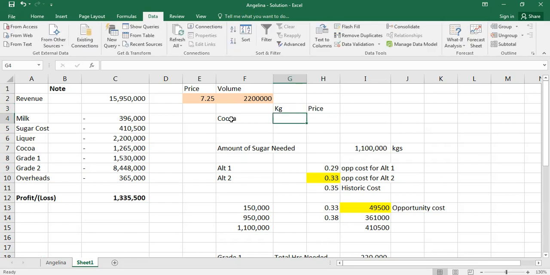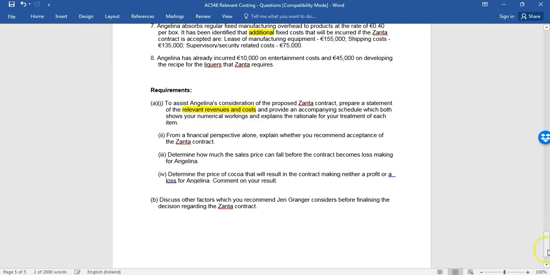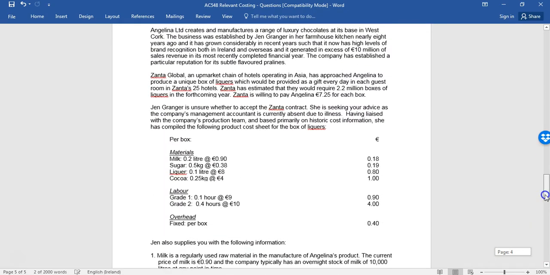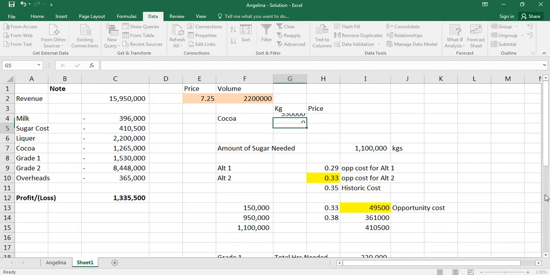So the kilograms for cocoa is 2.2 million times, let's get that right, times 0.25. So you need 550,000 kilograms and the price is 230. So while I've just done it longhand here, you really need to break out the input assumptions so we can actually do our goal seek.